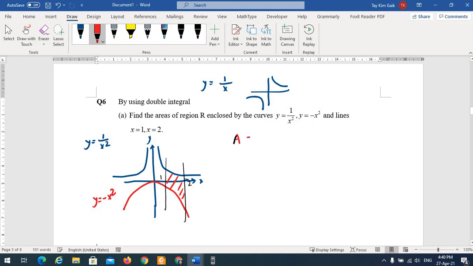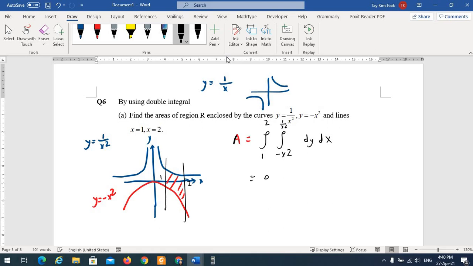The area will be y from negative x squared up to 1 over x squared, dy dx, x from 1 up to 2.